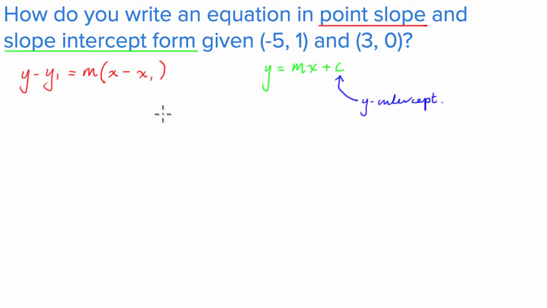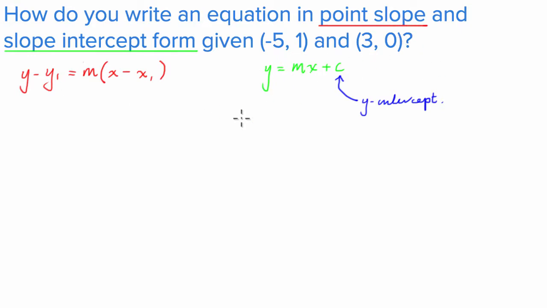Cool. So, as you guys probably can see here, both of the forms contain the slope. The difference is, in this case, we've got a y value y1 and an x value x1 on both sides of the equation, an actual constant term, which we will derive from either this point here or this point here. But let's go into that in a second.